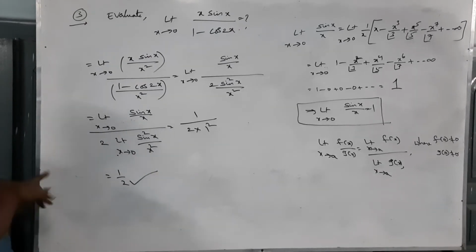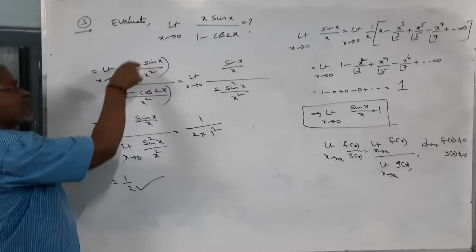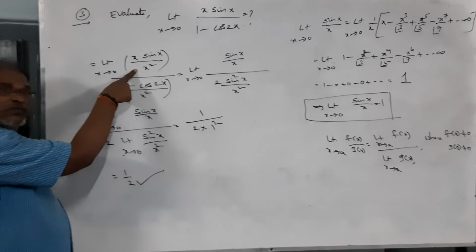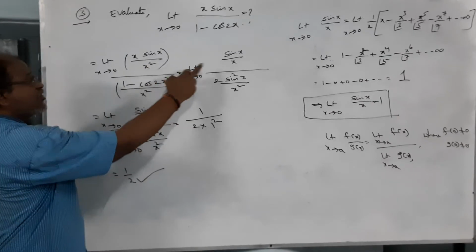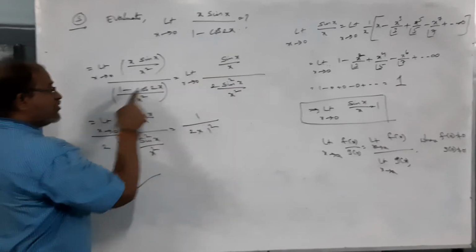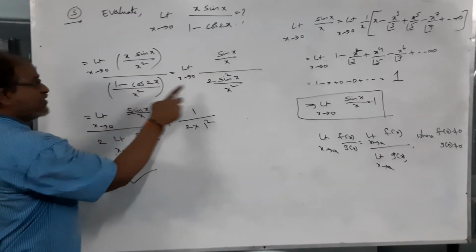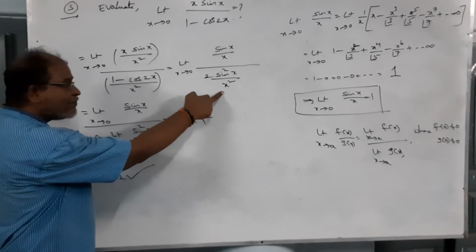Once again, dividing the numerator and denominator by x square, x cancels and the numerator becomes sin x by x. The denominator, 1 minus cos 2x, means 2 sin square x by x square.